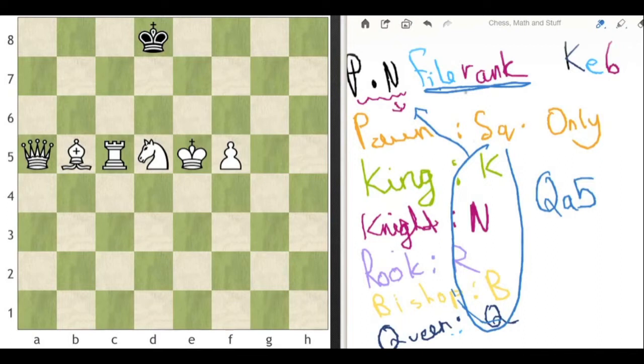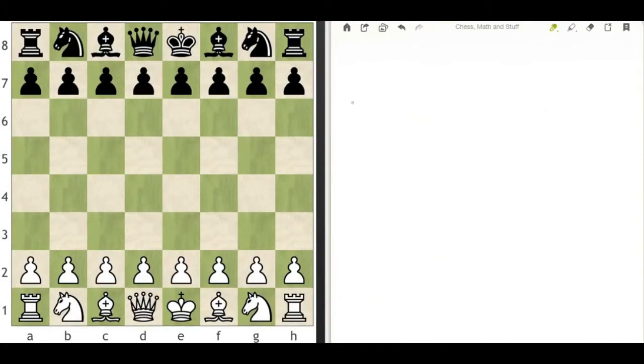Now let's talk a little about how we'd write moves and captures and a couple of other things. There are two ways you can write games, and I'm going to go over both of them. The first way is the easier and neater way in my opinion, and that is the table format.